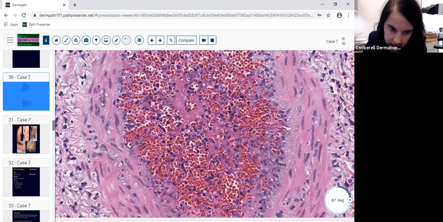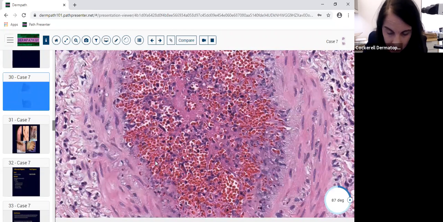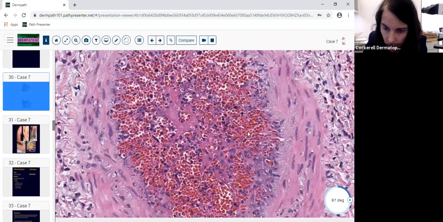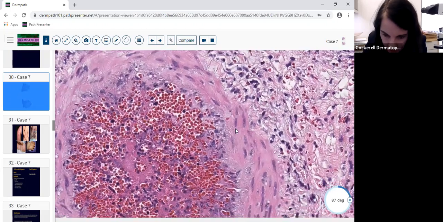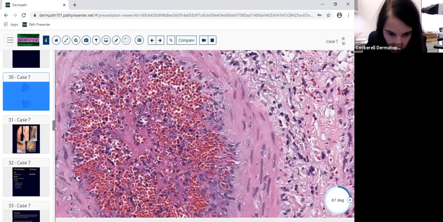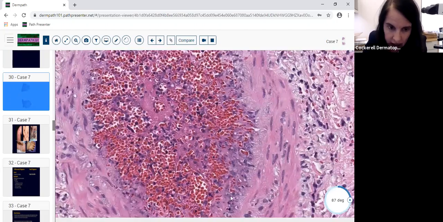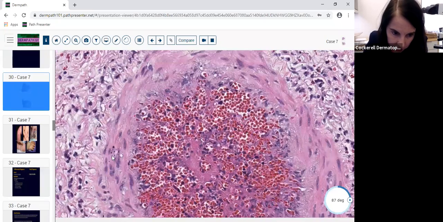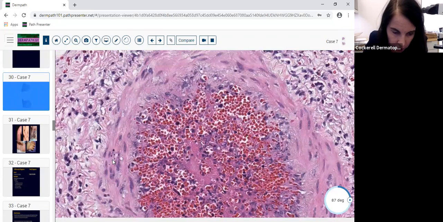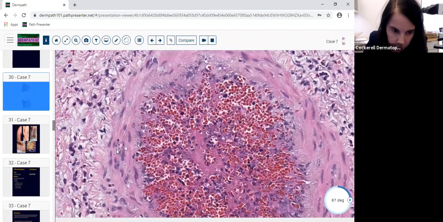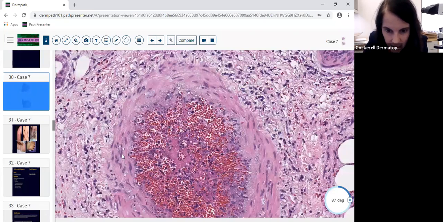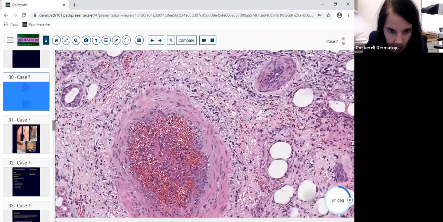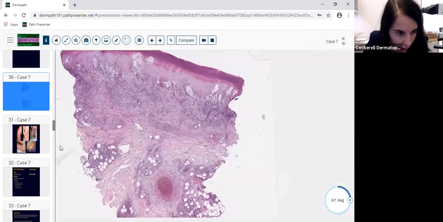If you look in these areas, the organisms are very tiny, so I can't even go high enough with this whole slide imaging and zoom process to find them, and I don't have the Brown and Brenn stain to show you. But there's some fibrin in this area, some inflammation in the wall, and even nuclear debris here from possibly a broken up neutrophil. So we have vascular changes here. We have a vasculitis here.